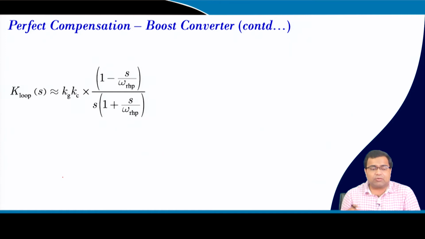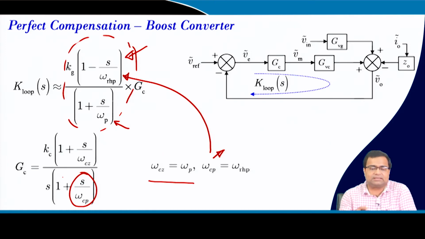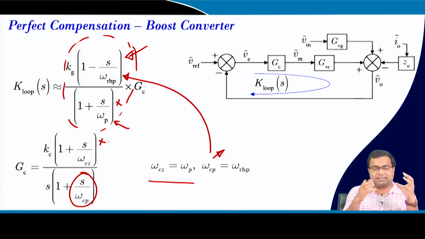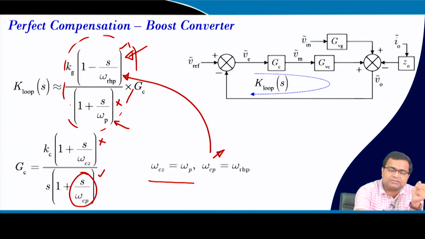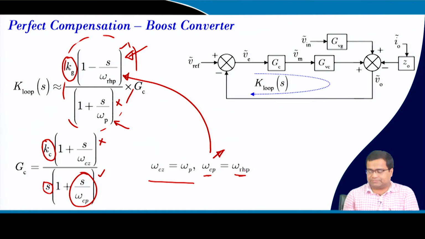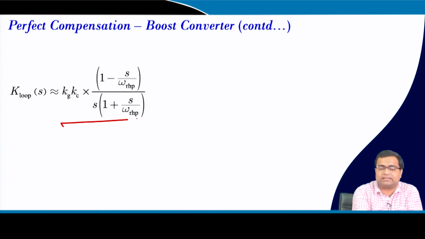Now, with this, the stable pole of the system is cancelled by the stable zero of the controller, but we will have one integrator, the DC gain of the controller and the plant DC gain, and we are placing the controller pole in coincidence with the RHP zero. So, the loop transfer function will become like this.